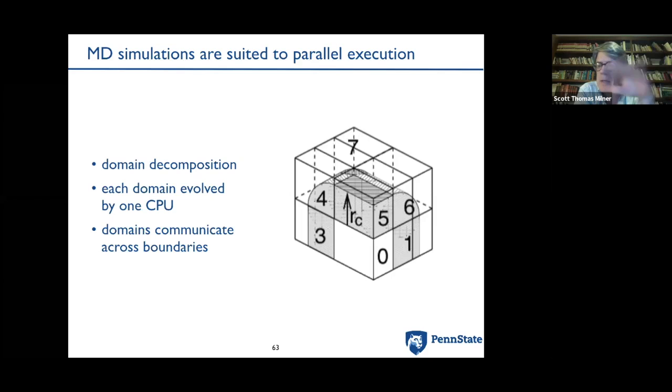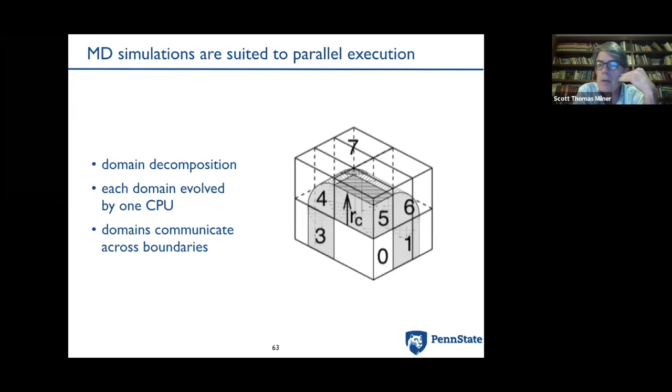So you take the whole simulation system and break up the spatial region into some boxes, and each of those domains, or the particles in each of those domains, is being handled by one CPU. And of course, they have to talk to each other across the boundaries. Particle coming your way, particle just over here that you should be interacting with. So they're passing messages to each other, and the people who design simulation software like this have to think a lot about machine architecture, right?